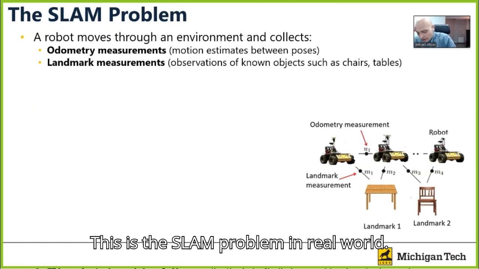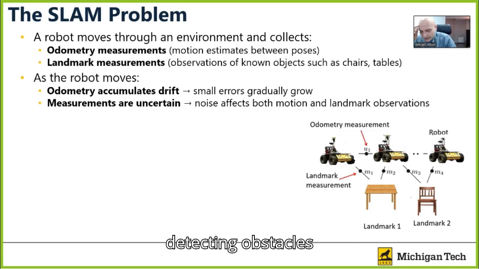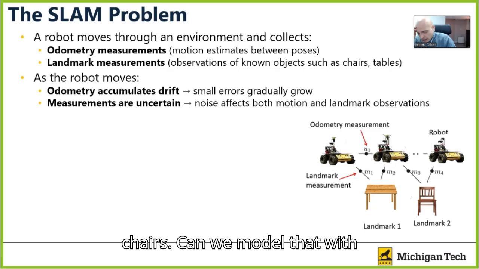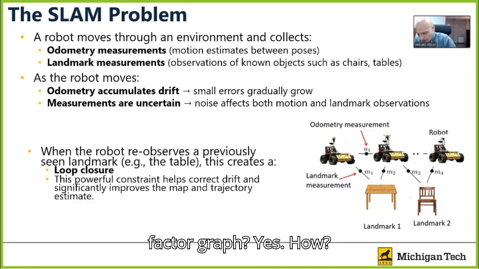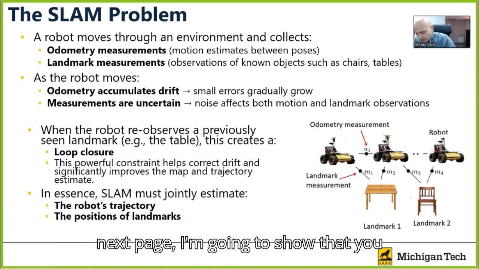This is the SLAM problem in the real world. You have a robot moving and detecting obstacles around it, and obstacles, landmarkings, for example, tables and chairs. Can we model that with factor graph? Yes. How? You just need to consider states. In the next page, I'm going to show that.